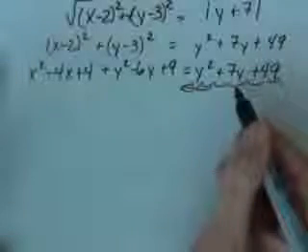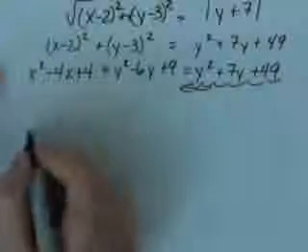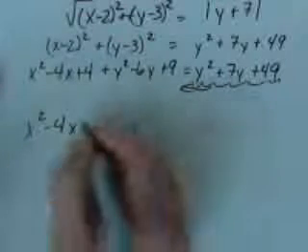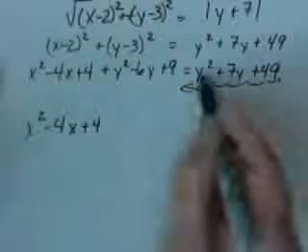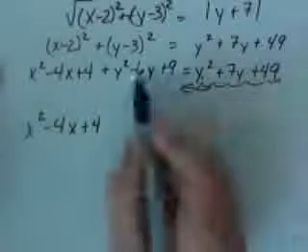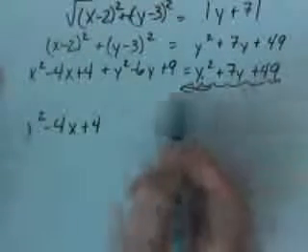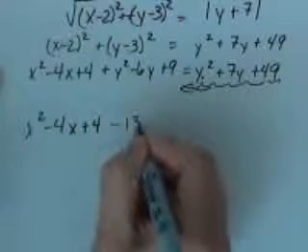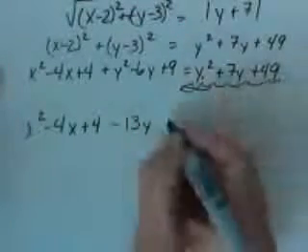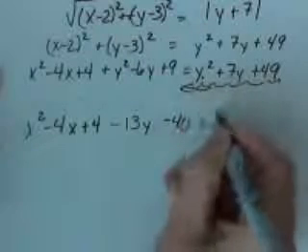So what I end up with here is, there's no x squared term, so x squared minus 4x plus 4, y squared minus y squared is going to be 0. Negative 6y minus 7y when I bring it over is negative 13y. And 9 minus 49, I'm going to make that a negative 40 equals 0.